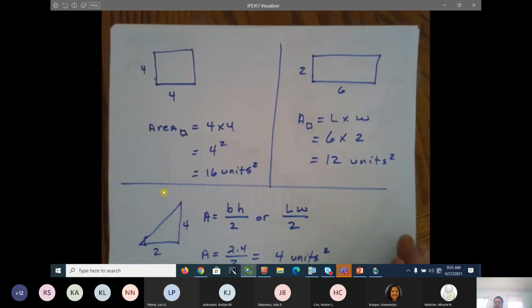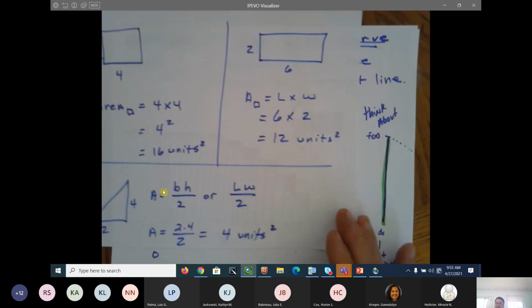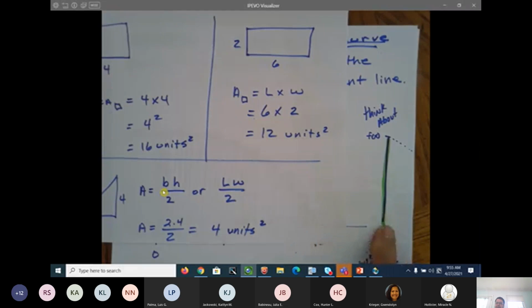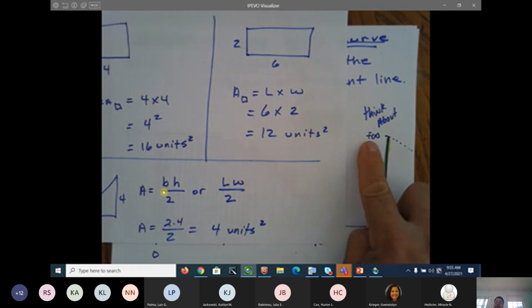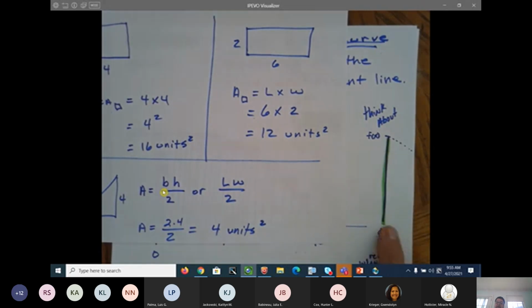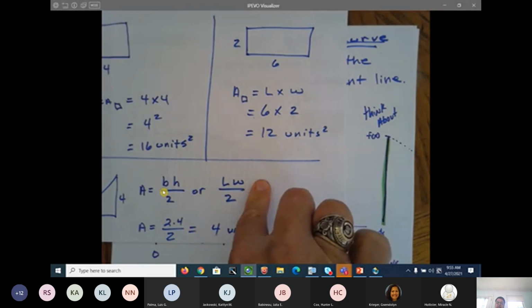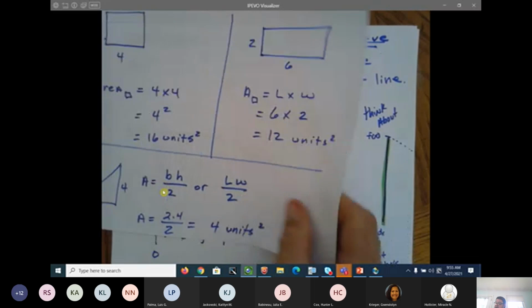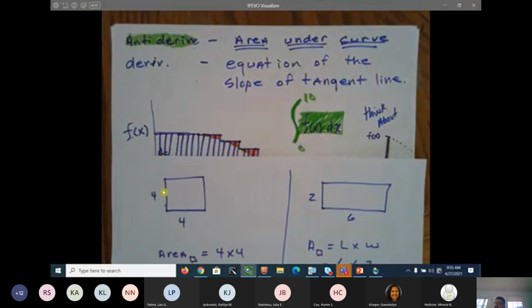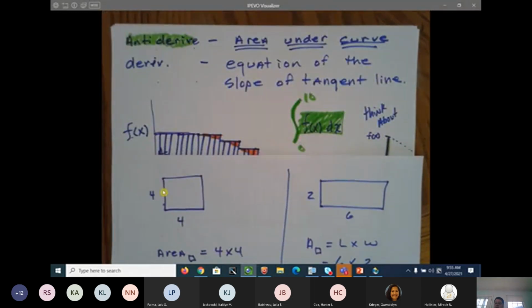Mixing it with the limit theory of a hairline being dx wide and being f of x high, and take the limit theory, put it with what you learned in algebra, and you have the antiderivative. Now that's kind of short and sweet, but that's what we're doing.